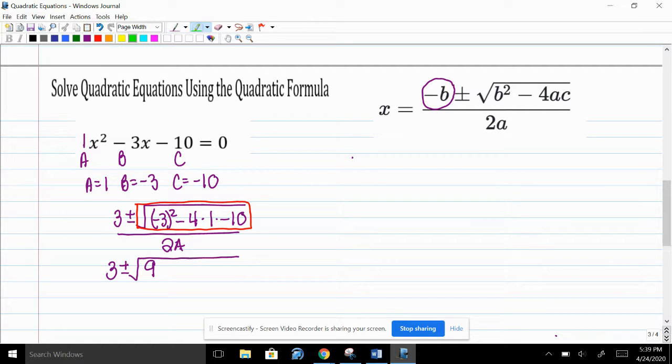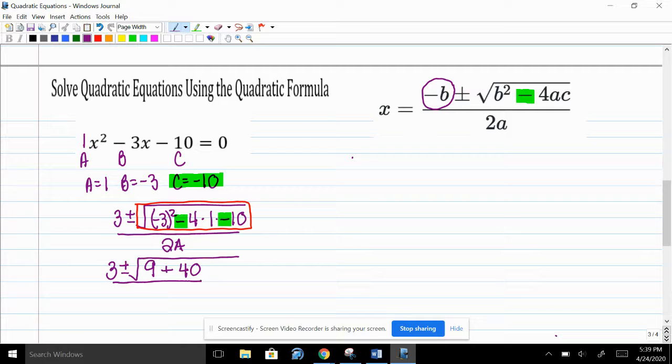Here's where else you have to be careful. You got a negative there, which is built into the formula. And then you got the negative here from the -10, which was your C value. Okay, those two negatives, since you're going to end up multiplying them together, are going to make a positive. Okay, 4 times 1 is 4, 4 times 10 is 40.